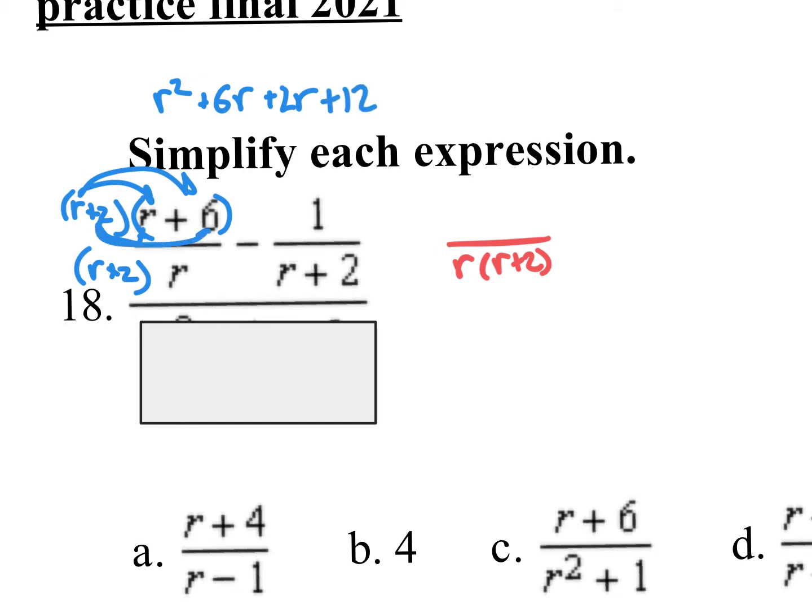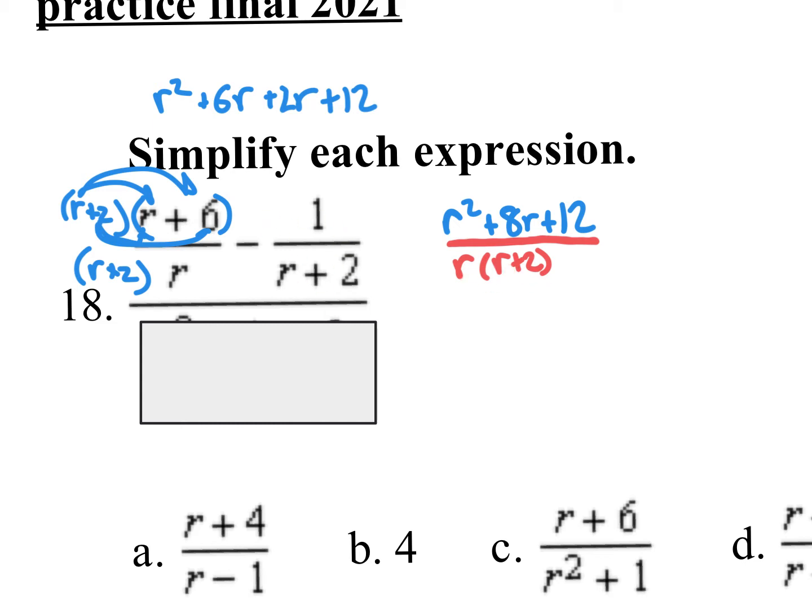So the quadratic trinomial that I have on the numerator of my first fraction up there is r squared plus 8r plus 12. Now this is my new modified first fraction, changing that r to the LCD r times r plus 2. Let's do the same for this one over here.